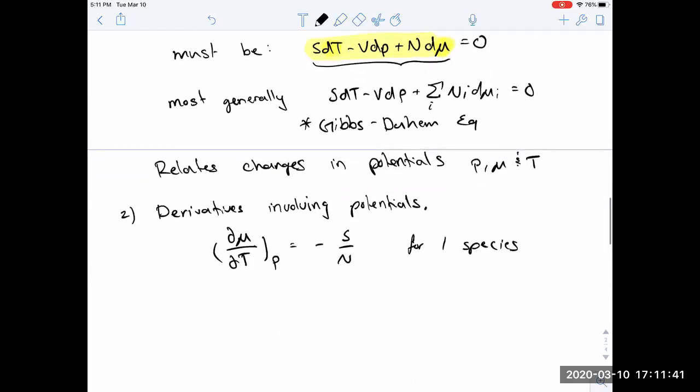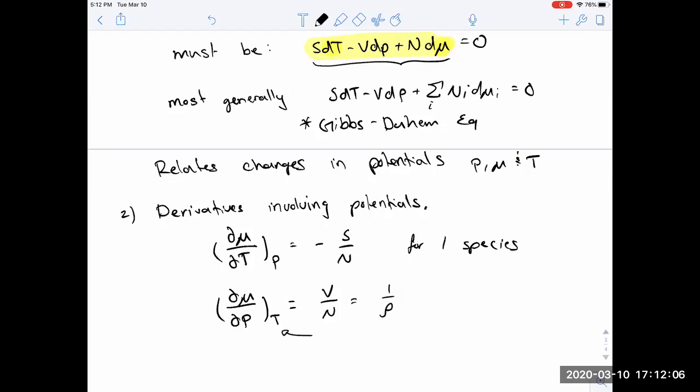Similarly, from the Gibbs-Duhem equation, I could ask for how the chemical potential changed with pressure at fixed temperature. That's just going to be the volume over the number of particles, which is just 1 over the density. Now note that when we're manipulating this Gibbs-Duhem equation, these derivatives depend on fewer variables.